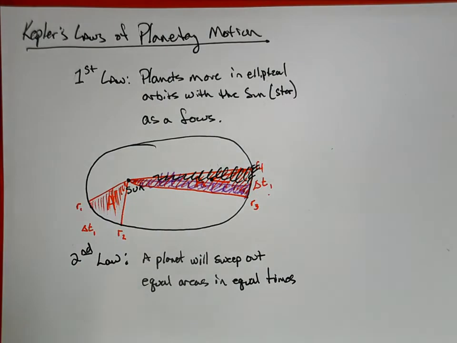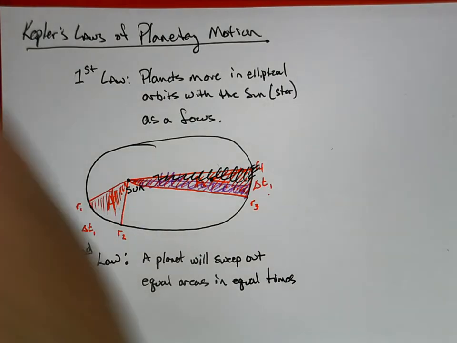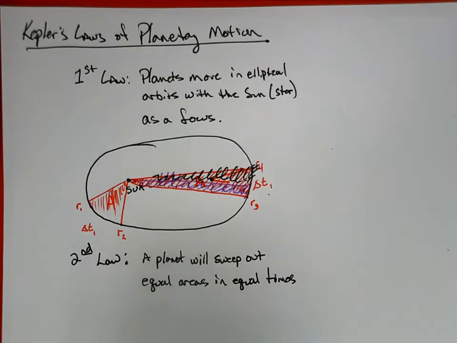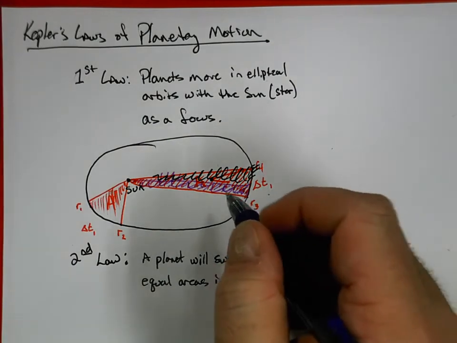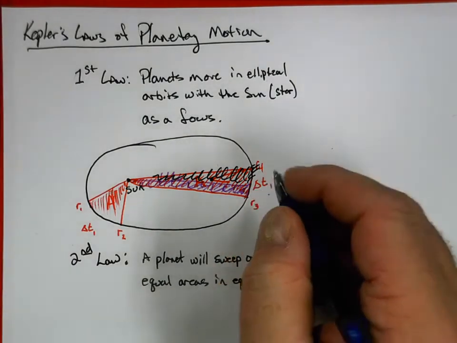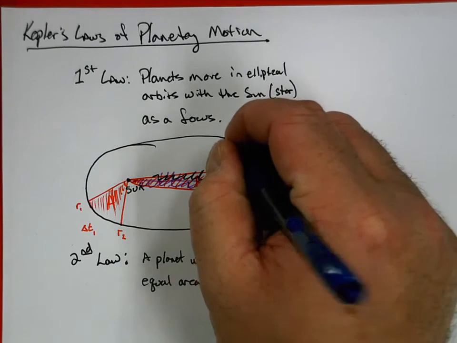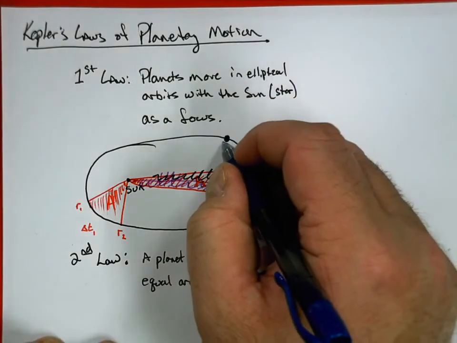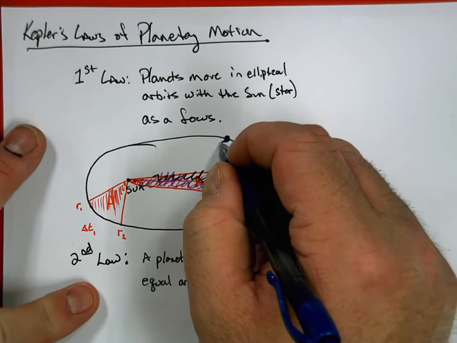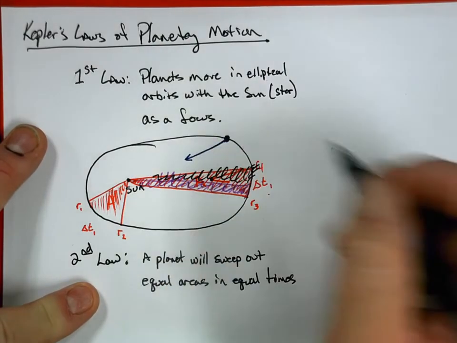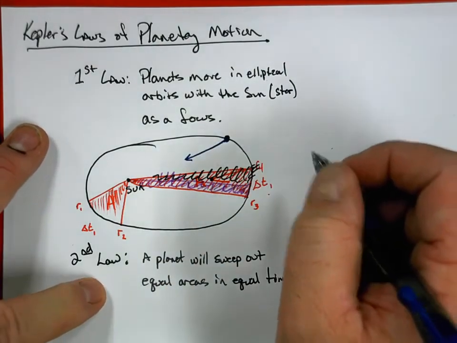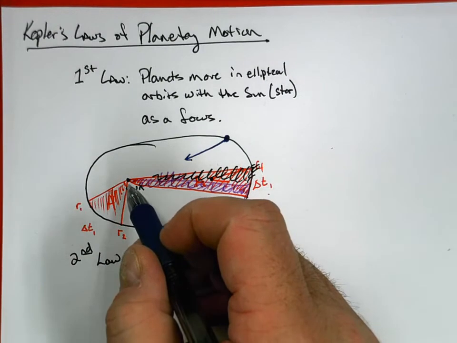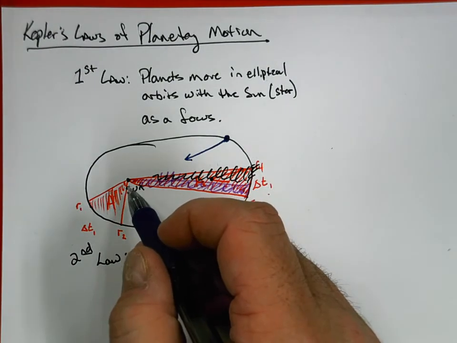Well, what governs this? Okay, so let's look at what's actually happening on a planet that's traveling around. So here's our planet, and it is experiencing a force at any given moment that is directed right at the center mass of the other gravitational object, which would be the sun right here.